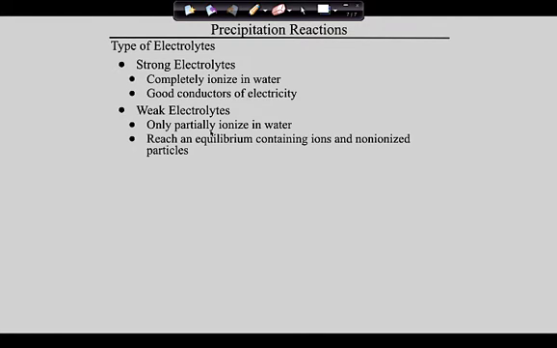Instead of completely breaking apart, these things reach an equilibrium between their ions and their non-ionized particles. And guys, we are not going to go into greater depth with that right now. We will when we get into weak and strong acids and bases on Wednesday. But these things are weak conductors of electricity.